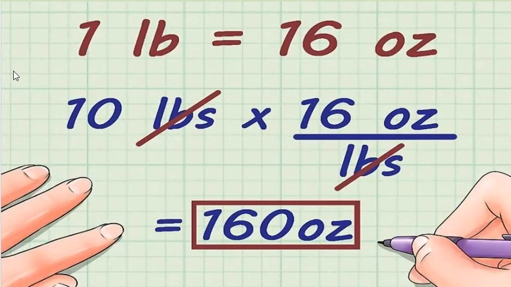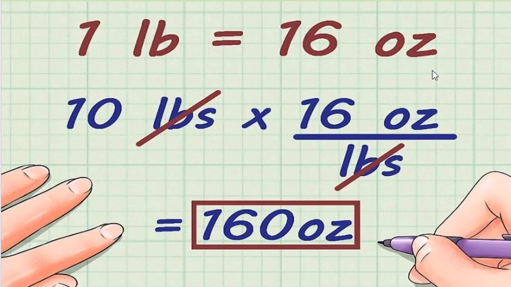Children, don't forget the ounce label. Okay, writing ounces, oz. See this oz. Writing ounces or oz next to your answer is important. If you don't, it won't be clear which units you converted to.